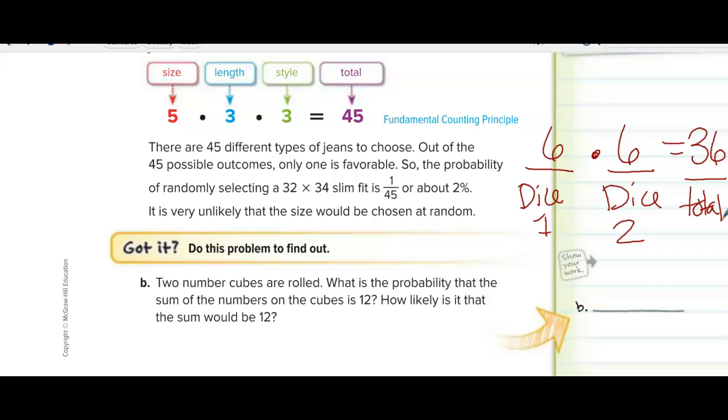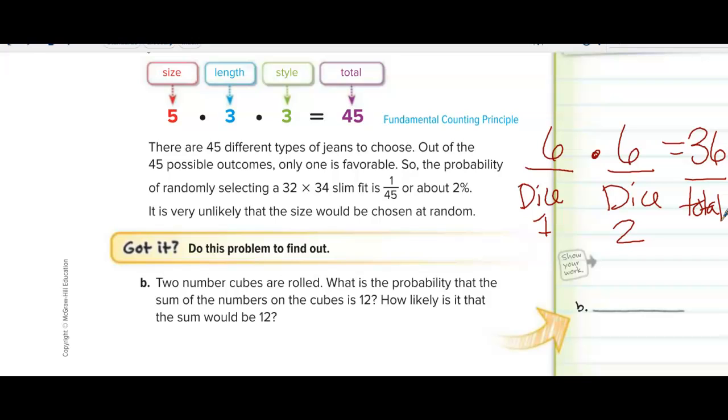You would end up having 36 total options, and I'll show you the chart because I have the chart saved to this. You have 6 options on the first dice, you have 6 options on the second dice, therefore you have 36 total options, and I'll prove it to you.